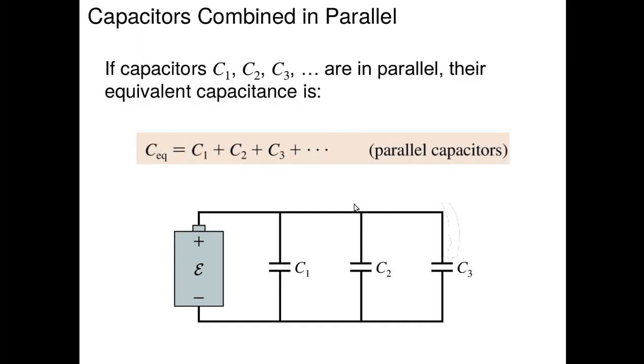If I have capacitors in parallel and I'm looking for the equivalent capacitance of that parallel capacitor system, all I have to do is add them up. So that's a pretty nice rule. For parallel capacitors, the equivalent capacitance is just the sum of the individual capacitances of each capacitor. Okay, so there's our first formula. This is only for capacitors in parallel.